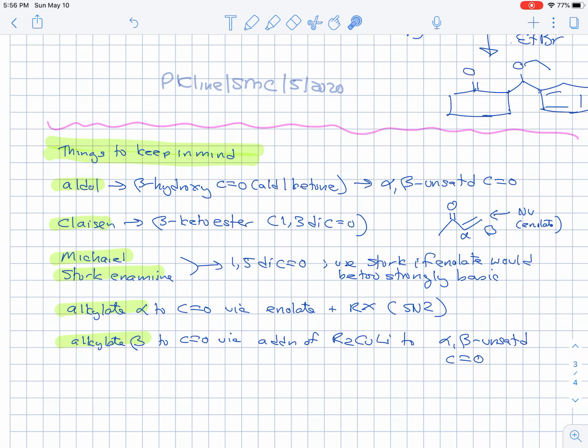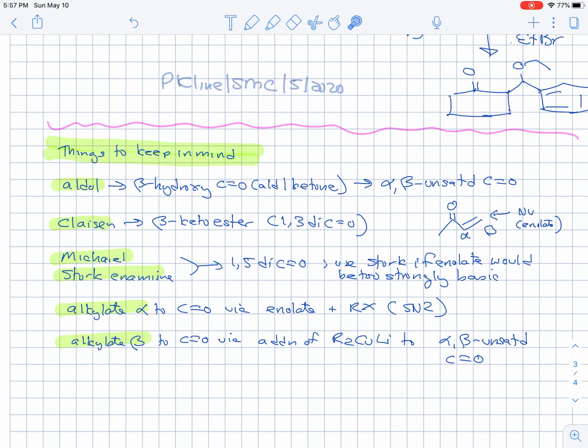You can alkylate beta to a carbonyl via the addition of a cuprate reagent to one of these alpha beta unsaturated carbonyls. So in this scenario, the alpha beta unsaturated carbonyl is acting as the electrophile, and the alkylating entity is acting as the nucleophile. So just some stuff to keep in mind.